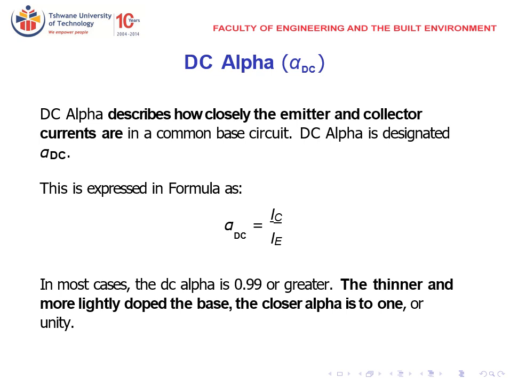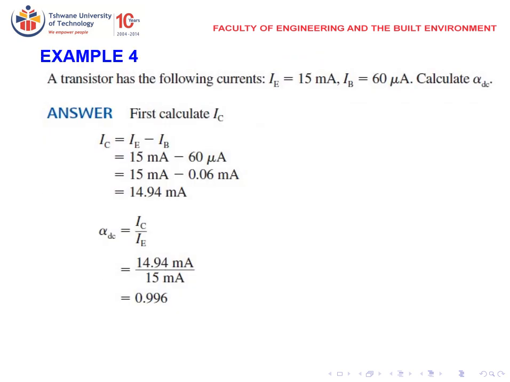In most cases, the DC alpha is 0.99 or greater. The thinner and more lightly doped the base, the closer alpha is to 1 or unity. So it means that the collector current and emitter current are almost equal. It depends on how thin the base is and how lightly it is doped.